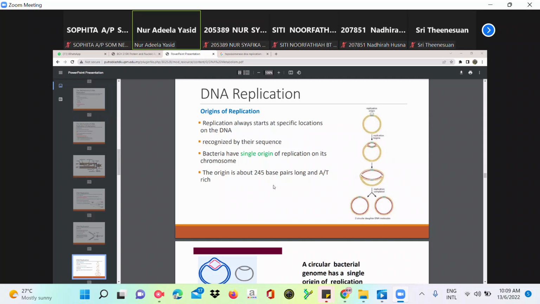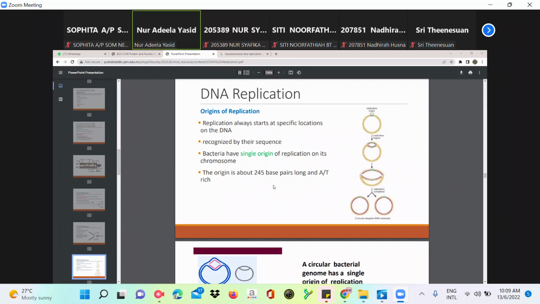The important point that you need to know: we are required to design a primer that contains 50% GC, because we want to synthesize a new primer, we want to make a copy of DNA.